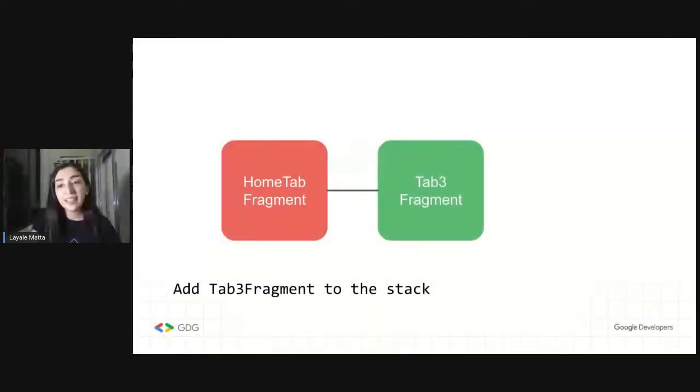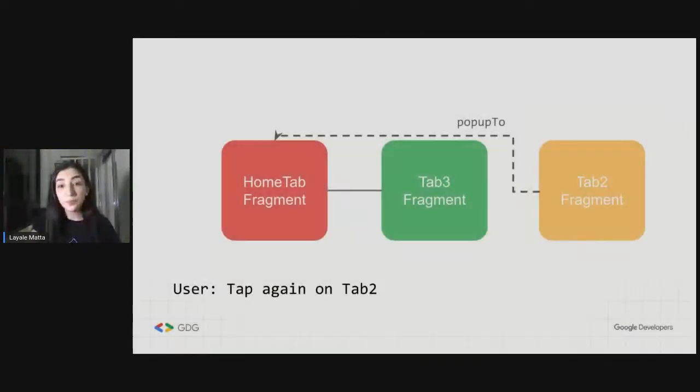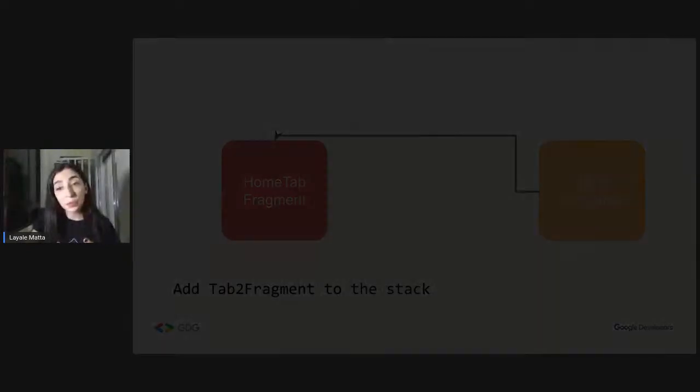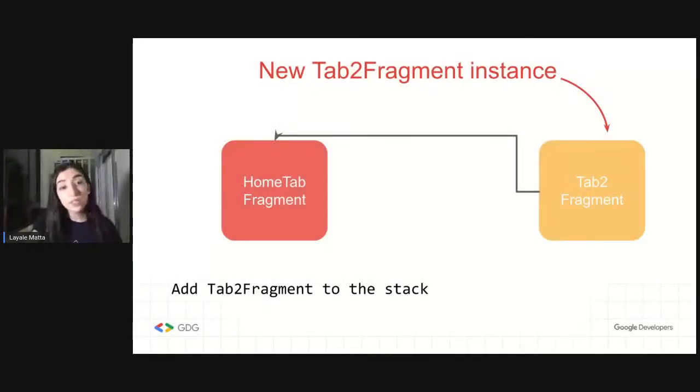Now, if we click again on tab 2, also we have to see that tab 3 has been dismissed directly. But the real problem is that this tab 2 is actually a new instance of the tab 2 fragment. It's not the one that I detached and reattached. It's a new one. And this is the real problem that we have.